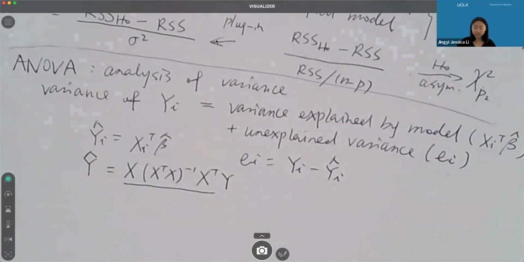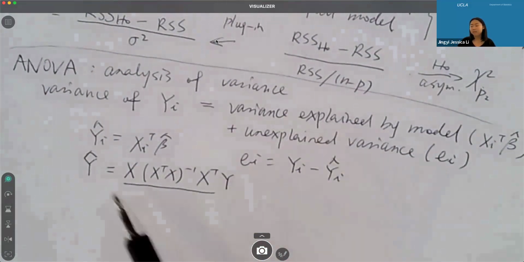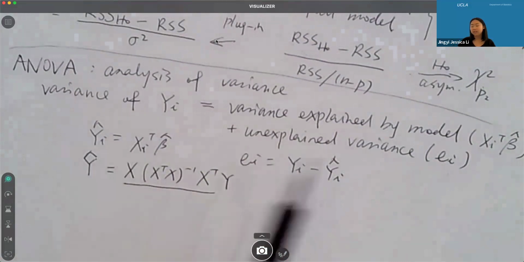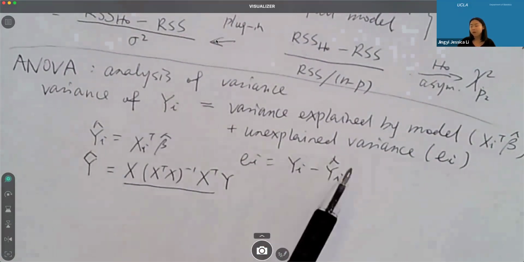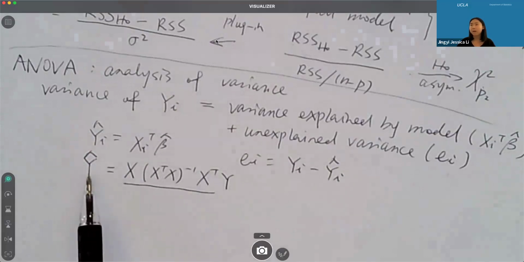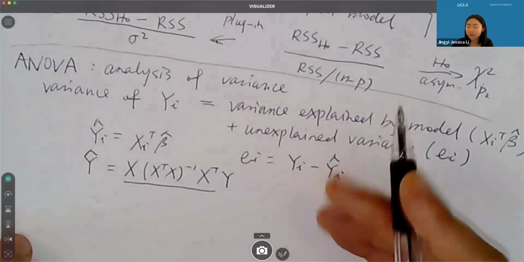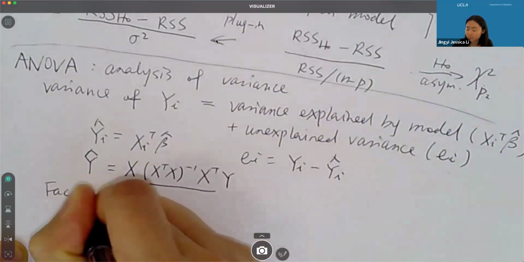Okay. So now we're going to introduce a very important property about this ANOVA. And this is a key starting point. That is, the y vector, y1 to yn, and the y hat vector, they share the same average. So this is a very important fact to know.